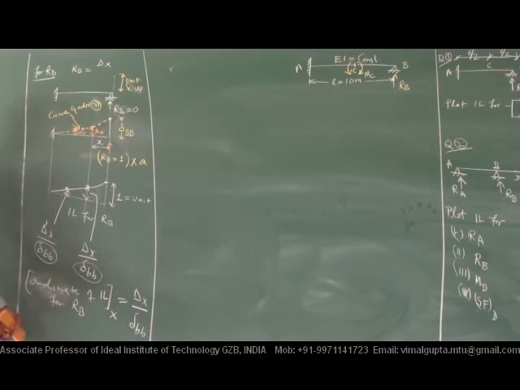What is IL? It is RB. So RB equals del x by del BB. That has been explained in the last class, using the force method and also the consistent deformation method. Clear to everybody?